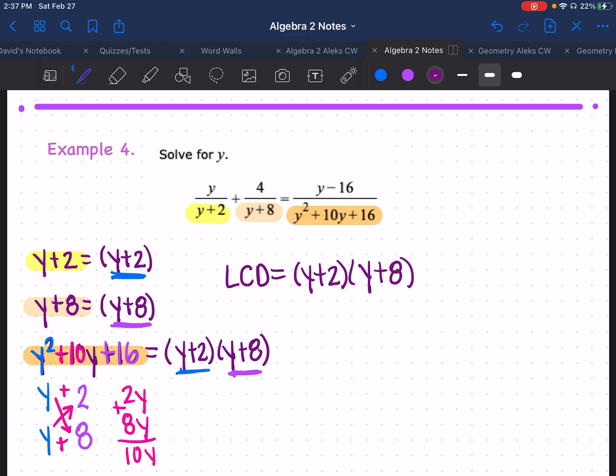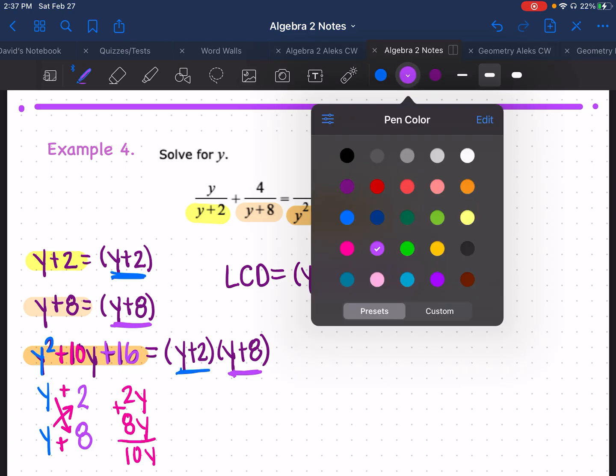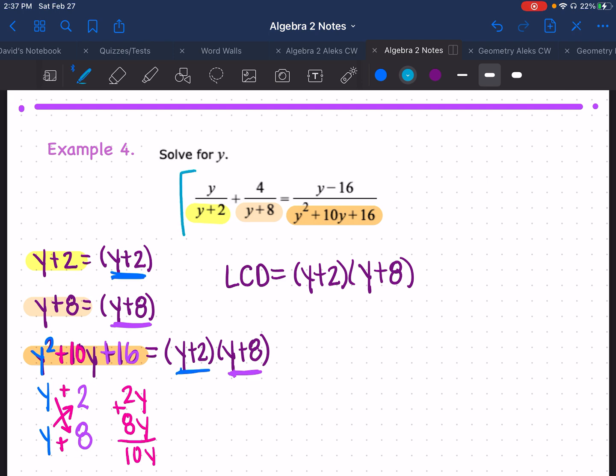So I'm going to come right here and grab this guy and multiply this side of my equation times my LCD. And I'm going to do the same thing to the other side of my equation times my LCD.